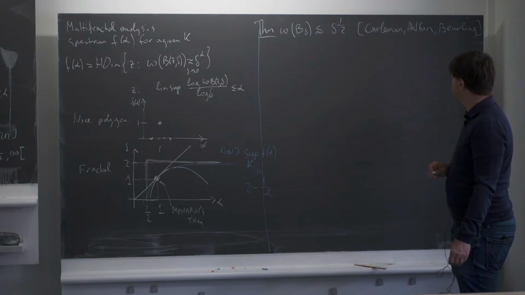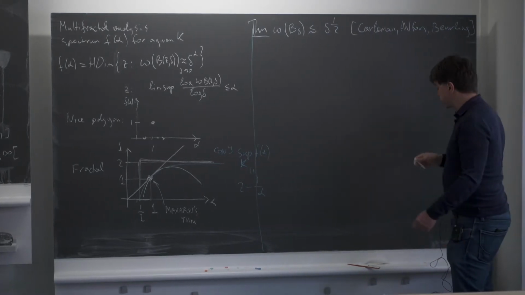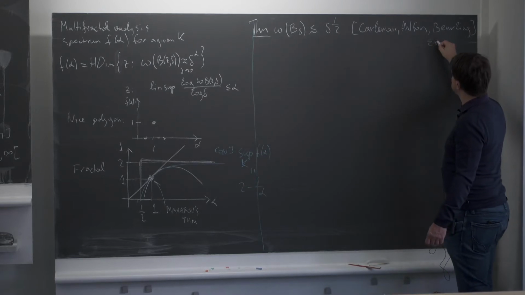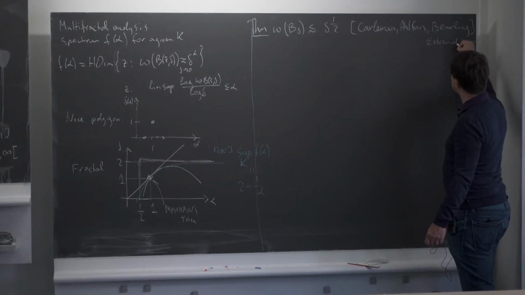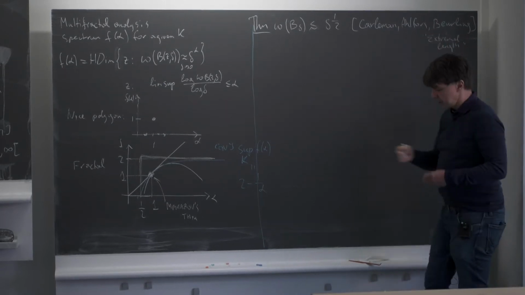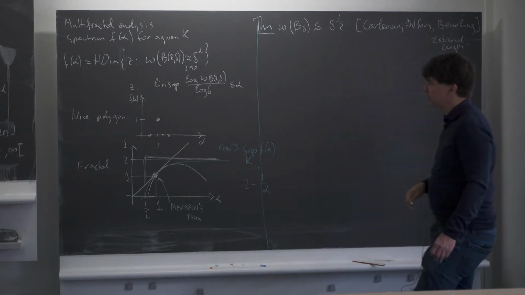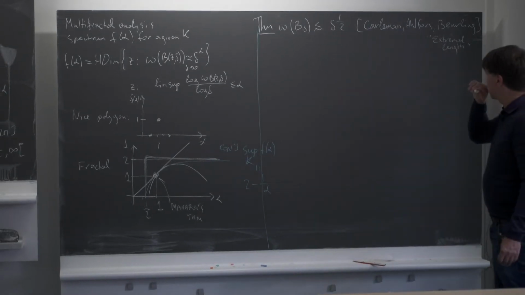Beurling's proof, if you open a book, most books now have proofs which use Beurling's extremal length. It's an object which is very nice to estimate, and once you have set it up, the proof is very short, but then it takes time to set it up.